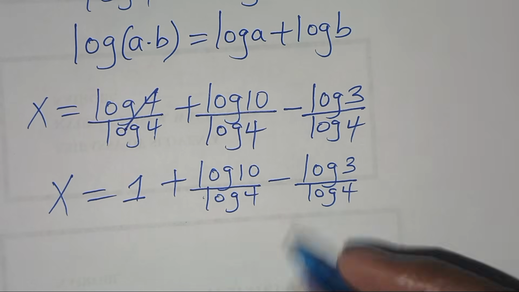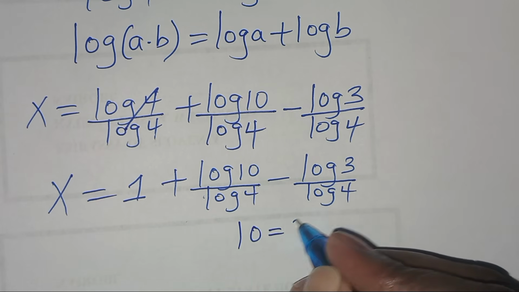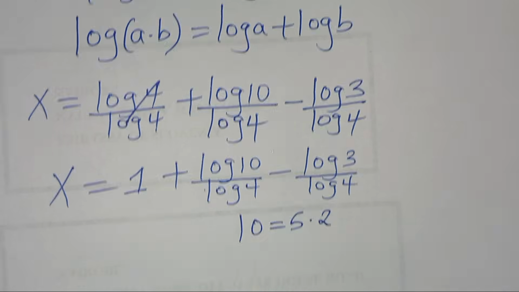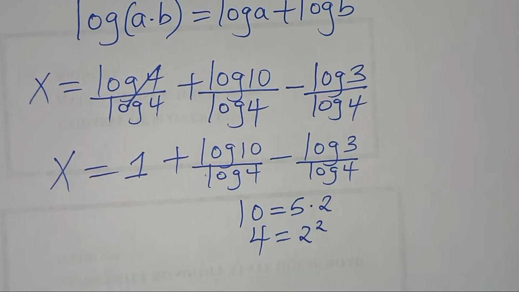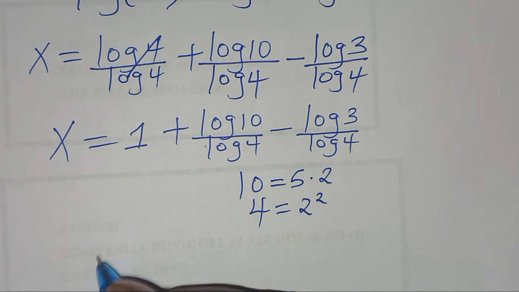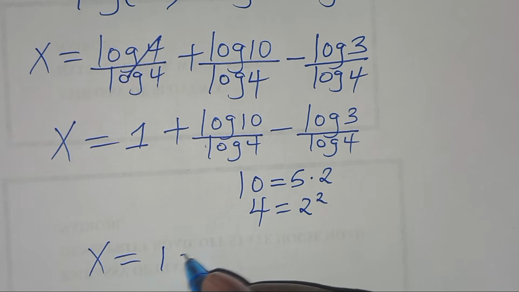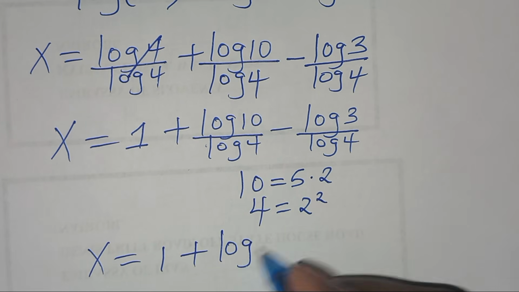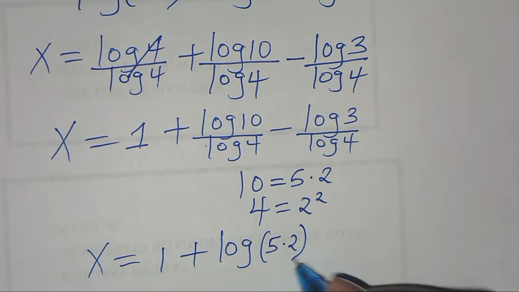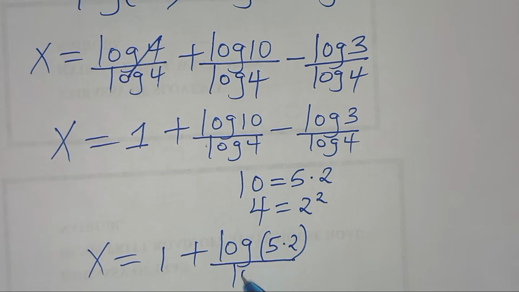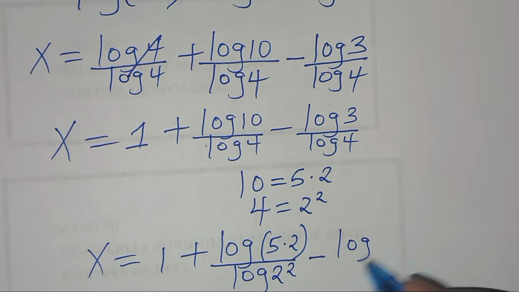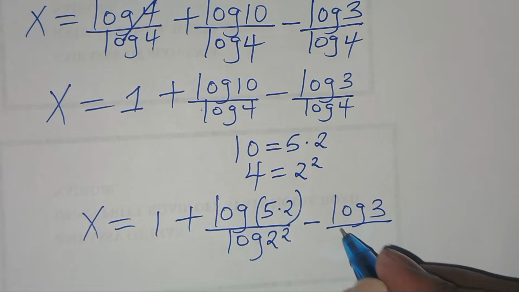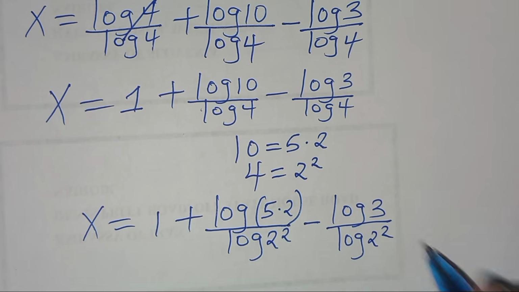The next step from here, we can express 10 as basically 5 times 2, and we can express 4 as 2 to the power 2. So substituting this, we have x is equal to 1 plus log 5 times 2 divided by log 2 to the power 2 subtract log 3 divided by log 2 to the power 2.